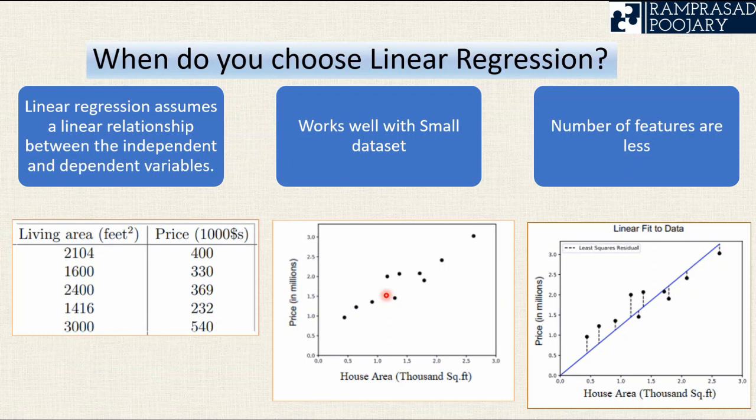This algorithm will work well with a small data set, with thousands of training samples, etc. Here I have just shown 5 training samples, x and y, which is a labeled data set. When the number of features is small, you can go for linear regression. Otherwise you can go for some other regression algorithms.